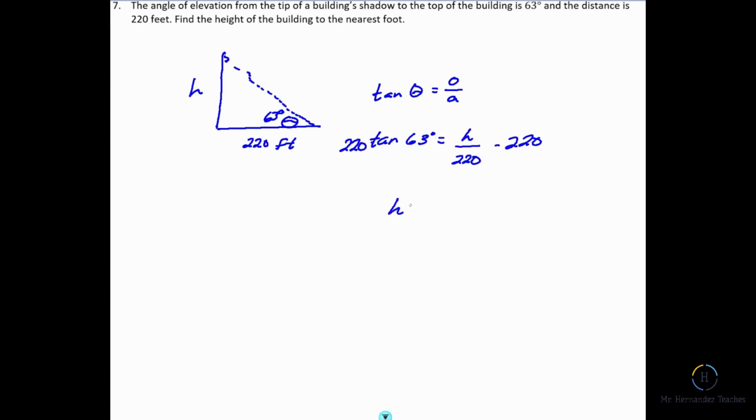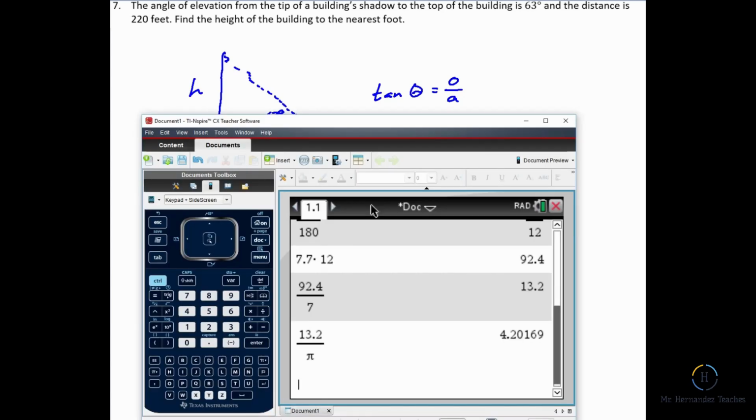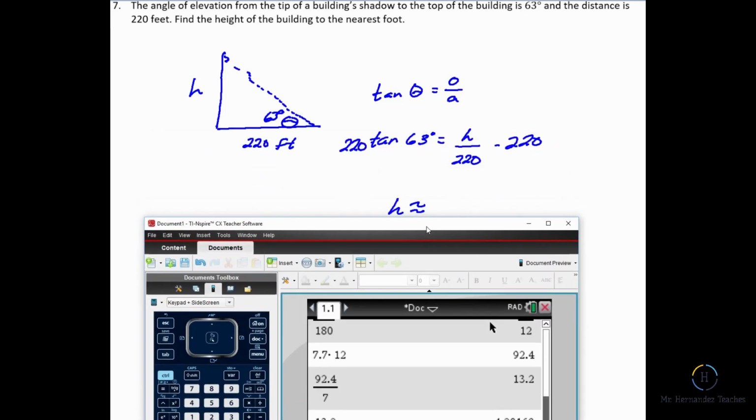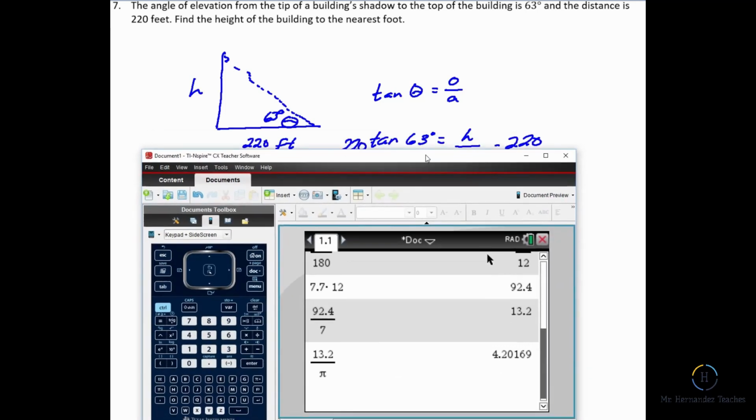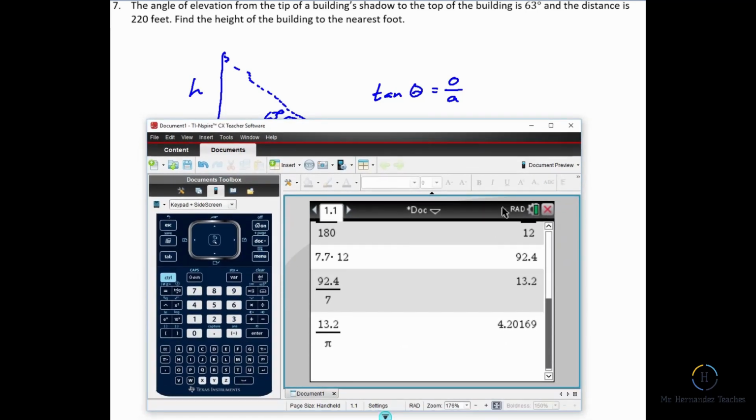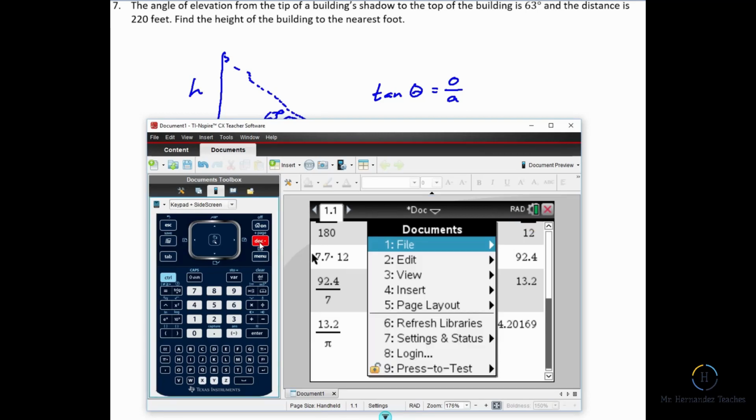So the height is going to be approximately, because we're rounding it off to the nearest foot, 220 times the tangent of 63 degrees. Well, I'm not going to type this in yet because I see I'm in radians, so I need to change that up to be degrees.